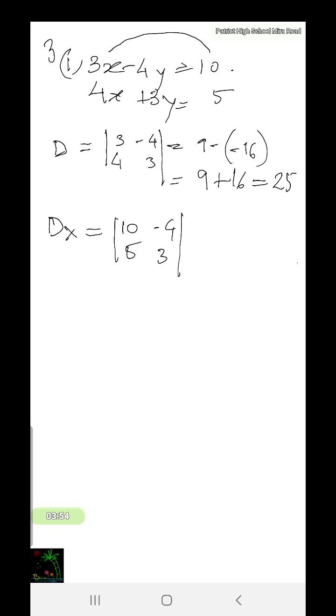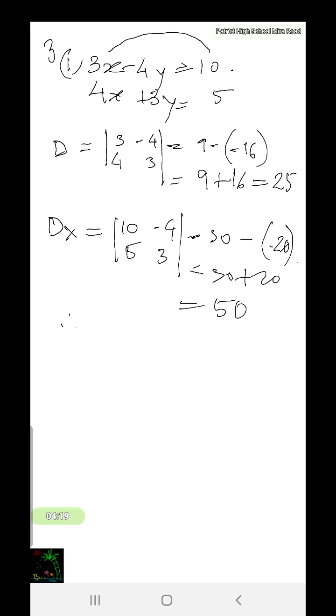Dx determinant is 10, 5, minus 4, 3, which is 30 minus of minus 20. Minus 4 into 5 is minus 20. So this will be 30 plus 20, which is 50. Dx is 50.